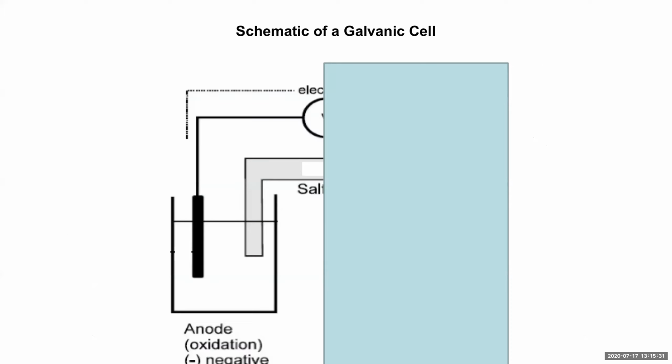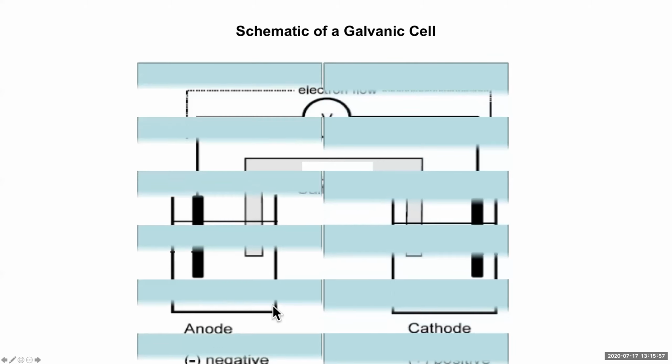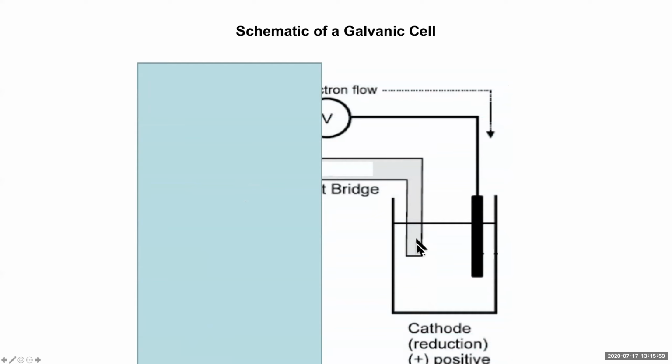And so the left side of your diagram is called the anode, and that's for the oxidation reaction. So at the anode, we have a chamber that contains the ions that are being produced, whatever's in solution. We have an electrode that is called the anode. We have this other thing called the salt bridge. And then on the right side, we have a compartment called the cathode, where the reduction reaction is taking place.